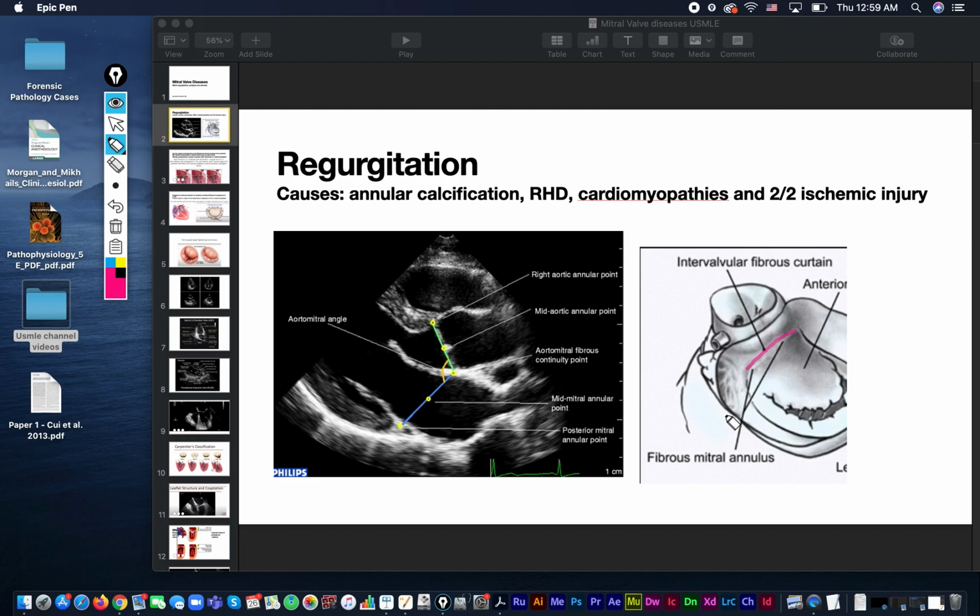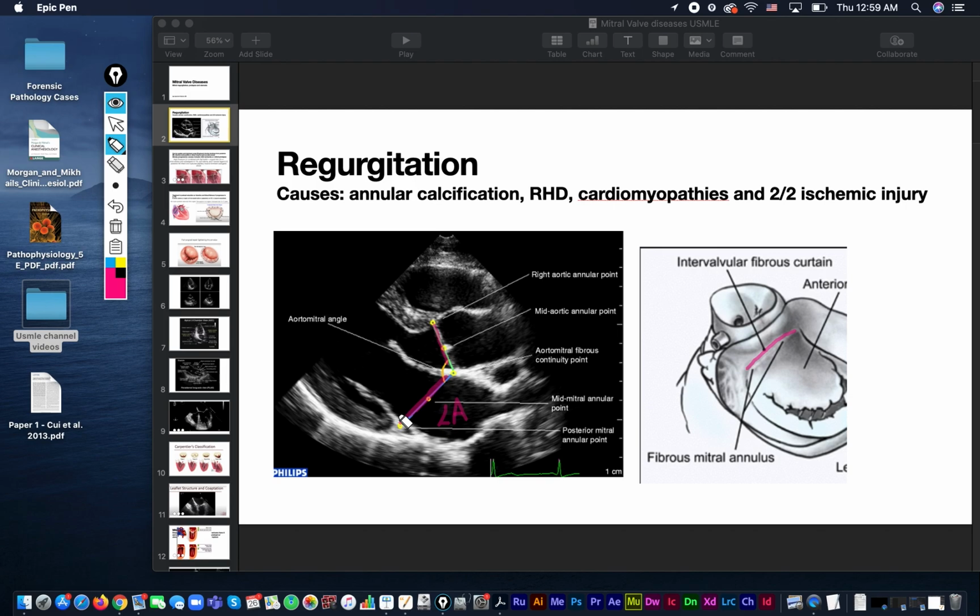the mitral valve leaflet can go on an excursion. In this ultrasound, you notice the tricuspid valve is closed, yet the mitral valve is open. This annulus is the mitral valve. This is a parasternal long axis view.